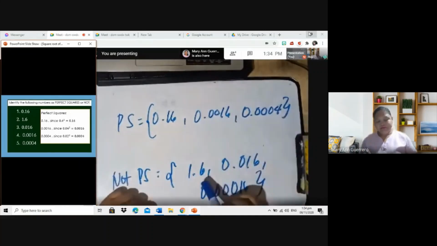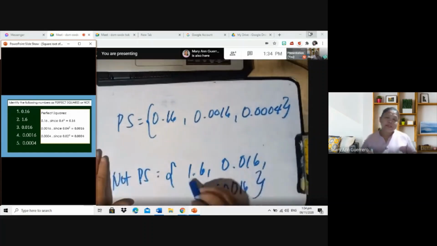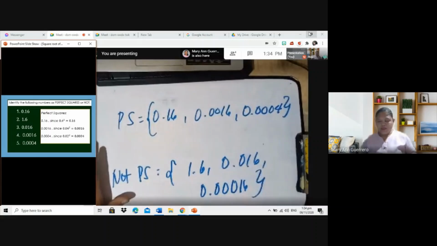Kapag naman 1, 3, 5, 7, 9 yung bilang ng digit after the decimal point, maski perfect square yung non-zero digit, basta yung decimal places ay hindi even, therefore, that is not a perfect square.